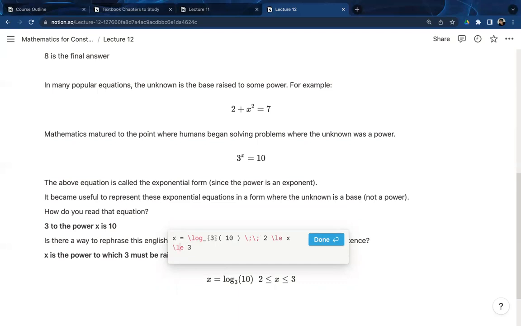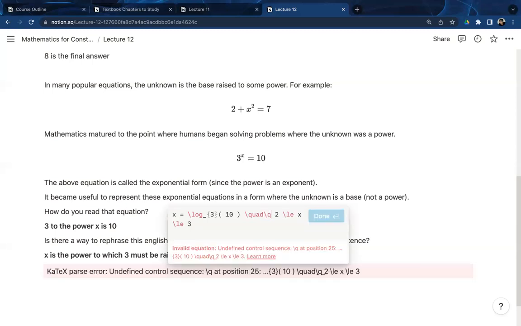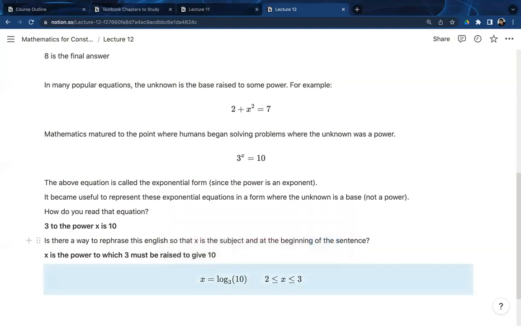Whatever this answer is, it has to be between 2 and 3, because 3 to the power 2 is 9 and 3 to the power 3 is 27, and 10 is between 9 and 27.